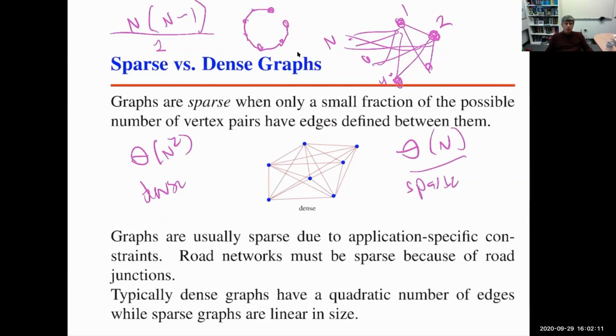Social networks, are they going to be sparse or dense? In the Facebook or Instagram world, is that a sparse or a dense graph? I think sparse, because if you're a single person, you probably don't have connections to everyone on the social network. Yes, Mark Zuckerberg has 3 billion people on his Facebook or something like that.